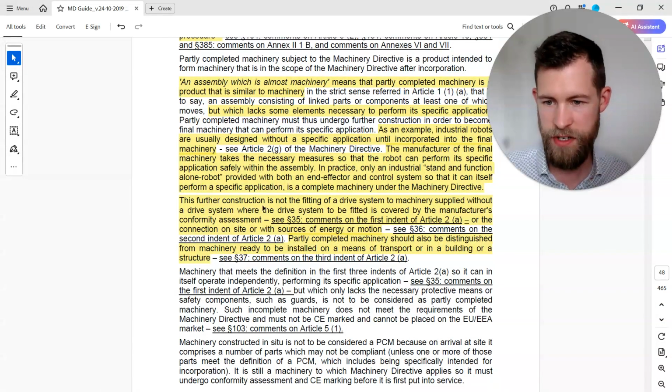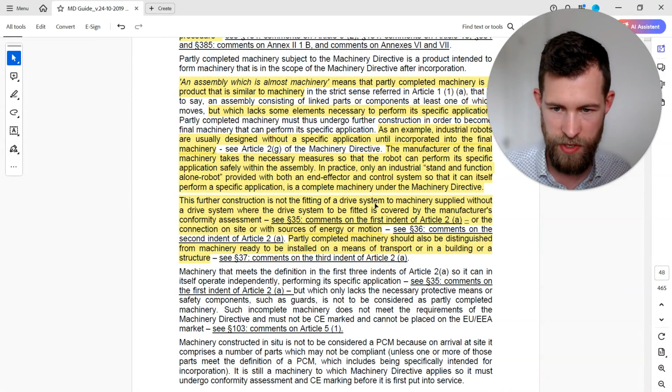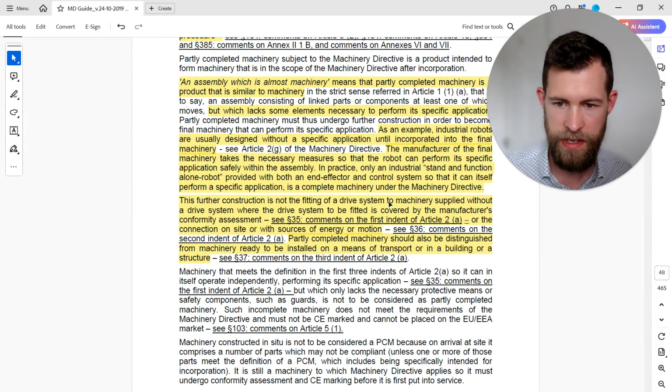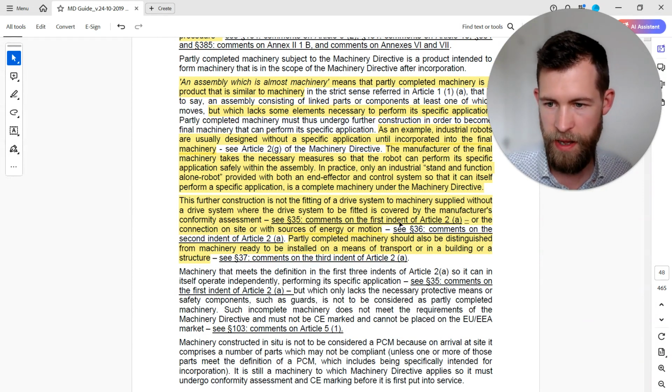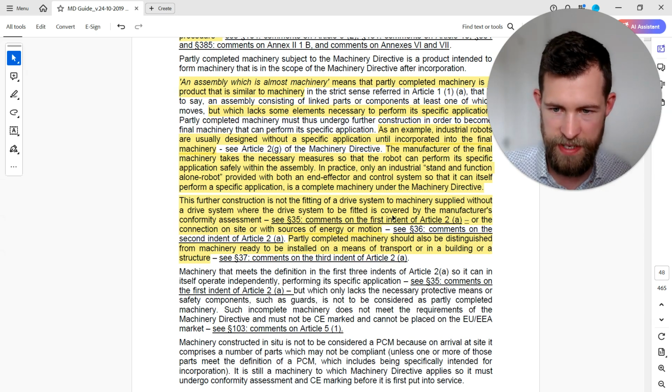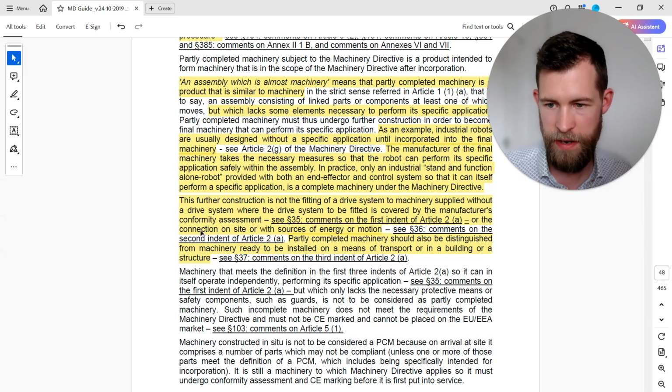This further construction is not the fitting of a drive system, which we touched on earlier, to the machinery supplied without a drive system, where the drive system is to be fitted is covered by the manufacturer's conformity assessment or the connection to the site with sources of energy or motion.